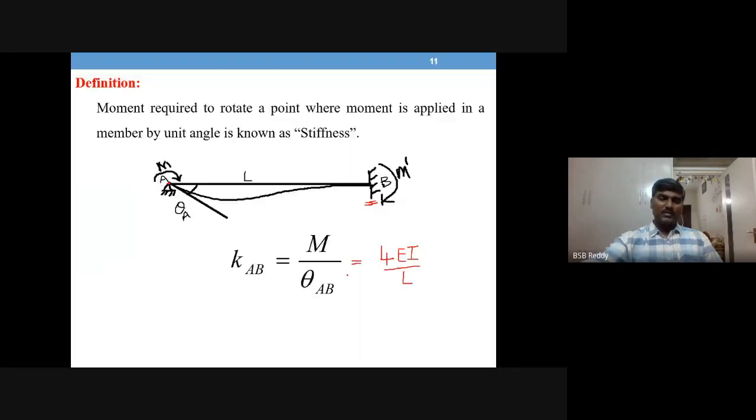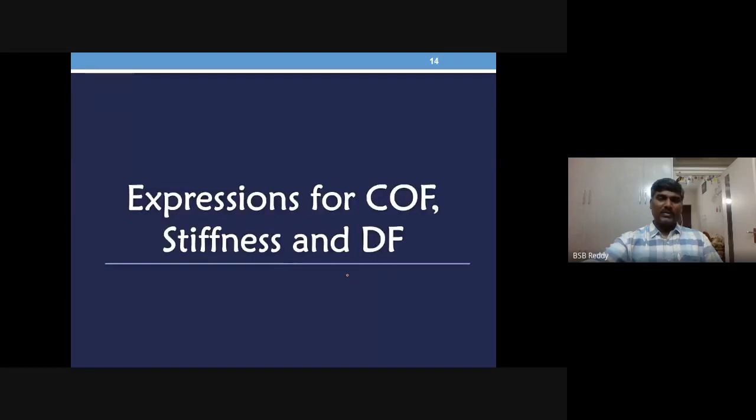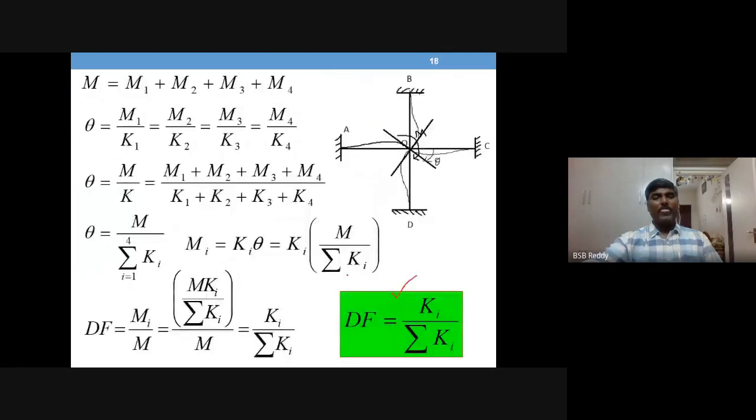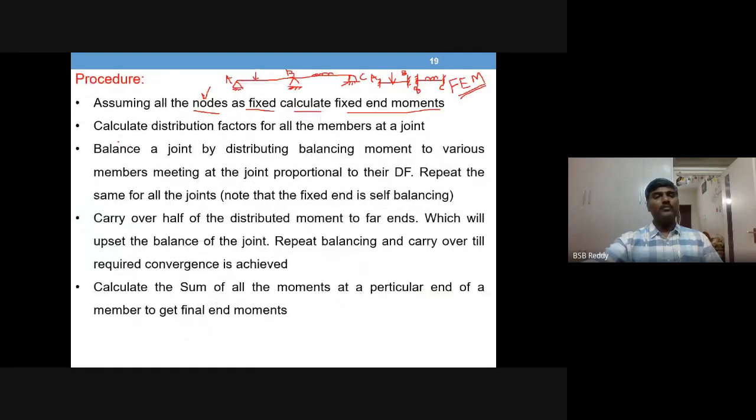So let's go to the next step of the procedure. Then what to do? Calculate distribution factors for all the members at a joint. So now you identify the joints in the structure. In the given example of ABC continuous beam, do you say A is a joint?